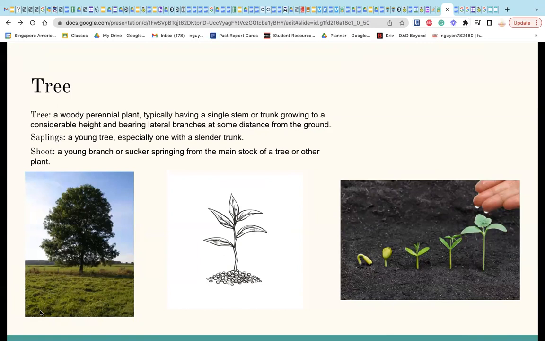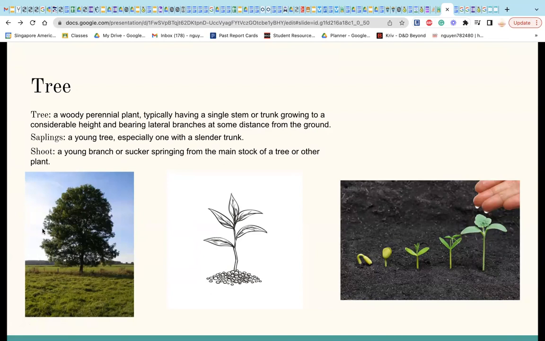A tree is a woody perennial plant, typically having a single stem or trunk, growing to a considerable height and bearing lateral branches at some distance from the ground. You would look at the picture all the way to the left. That is a typical example of a tree. You guys all know what a tree is.